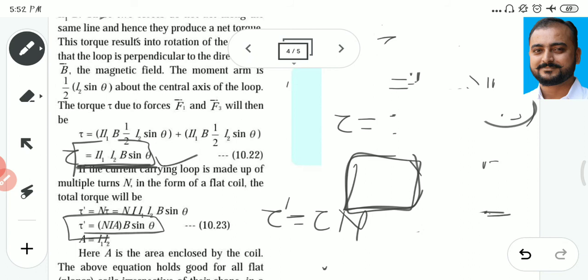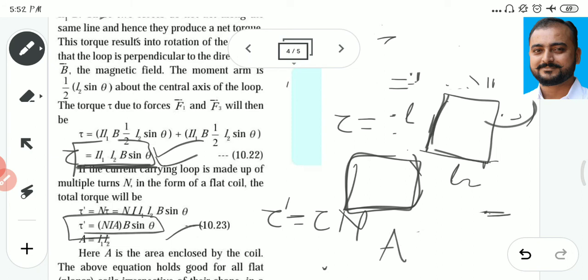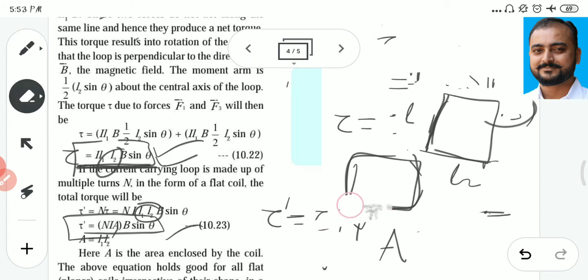Okay, what you can do in this relation, either you write this here also and here also. So as you know that this is the wire having length L1 and L2. Okay, so what is that? L1, length multiplied by breadth, is called as area, and so you should mention here instead of L1 L2 as A. So N I A B sine theta be the total torque acting on a wire.